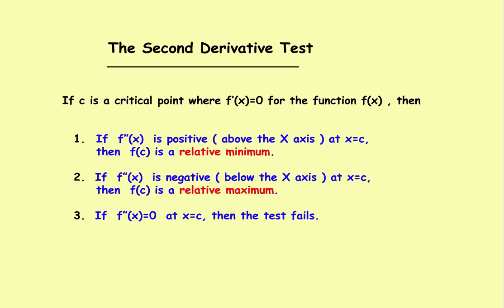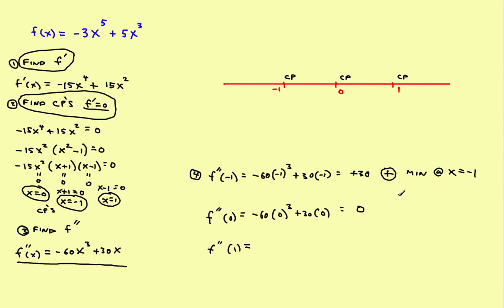And in this case, you'll see it'll turn out to be neither. You don't have a minimum or a maximum. So in this case, the test fails. So I have neither a minimum or a maximum there. So in this case, the second derivative test failed.